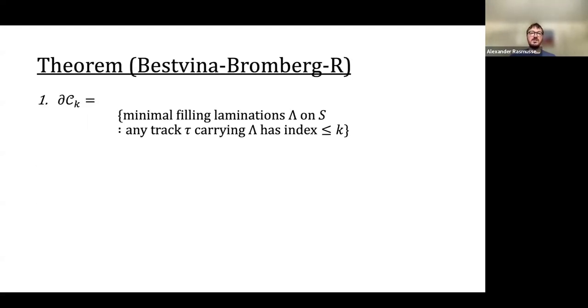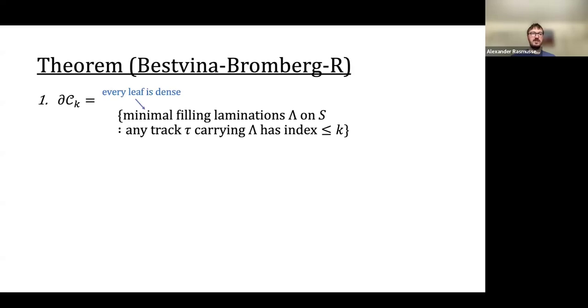Okay, so now we can state our theorem for real. The boundary of CK is the space of minimal filling laminations, lambda on S, such that any train track tau carrying lambda has index less than or equal to k. So these are large minimal laminations, where large is quantified by k in some sense.